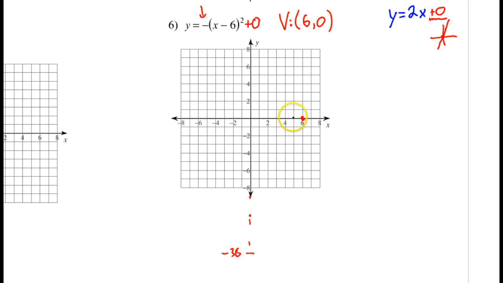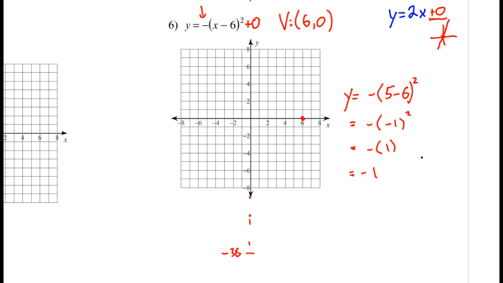So let's plug in, let's say, this number, which is 5. And see what we get. Good. So we'll have this equals negative 1.